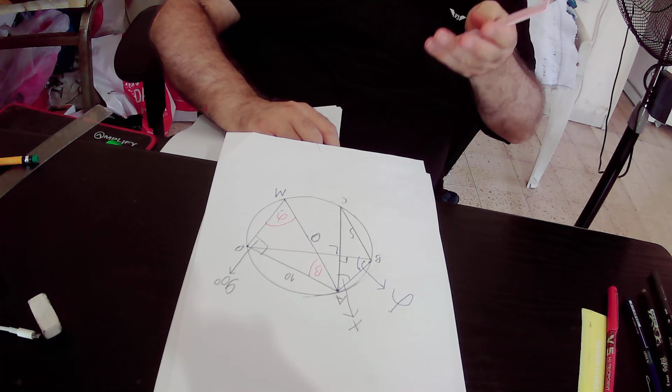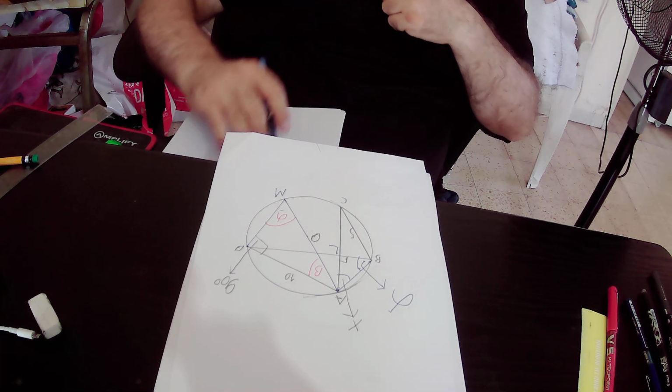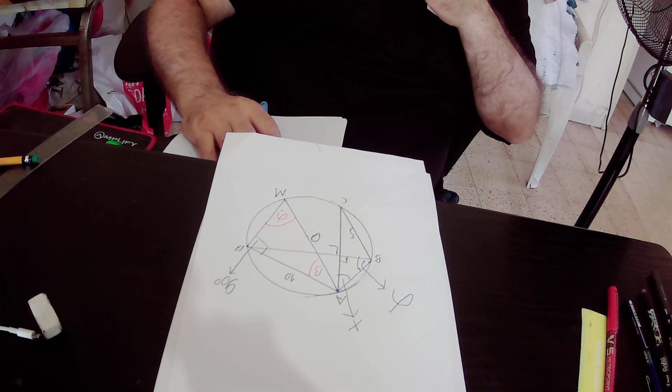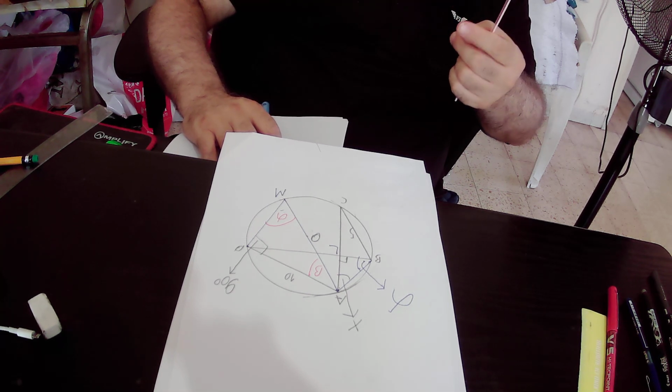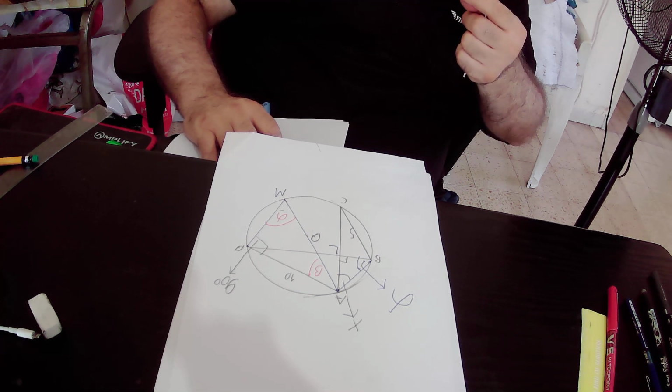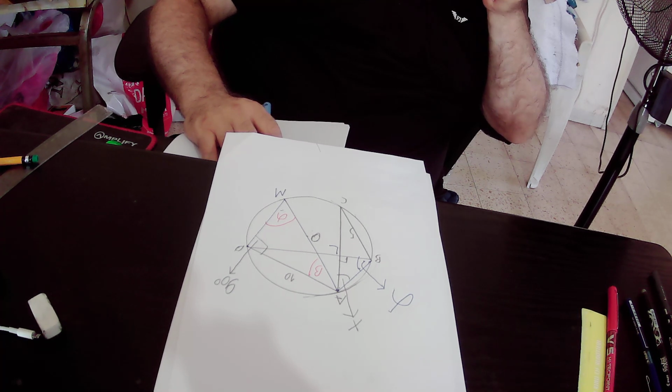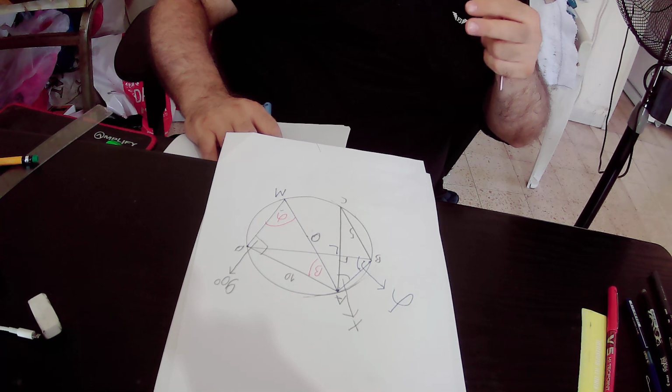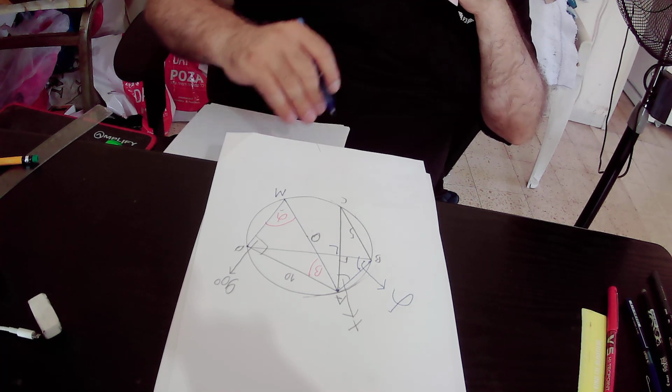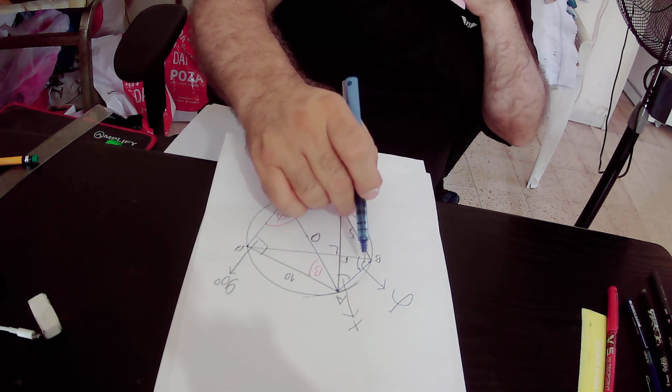So in this right triangle, the sum of its angles equals 180 degrees. It is true for all the triangles in the world, and especially it is true for the right triangle ABL.